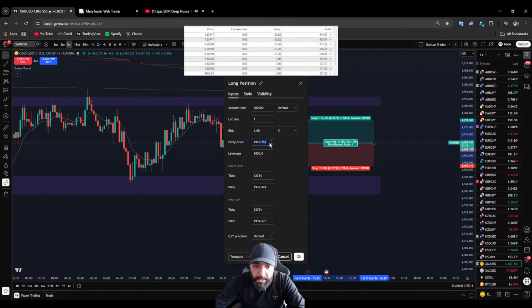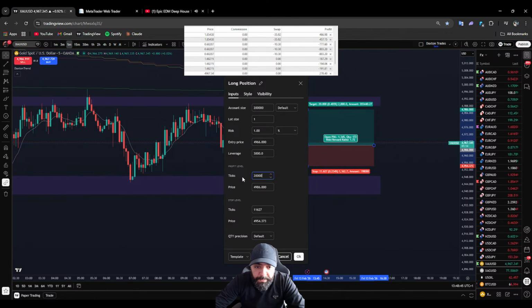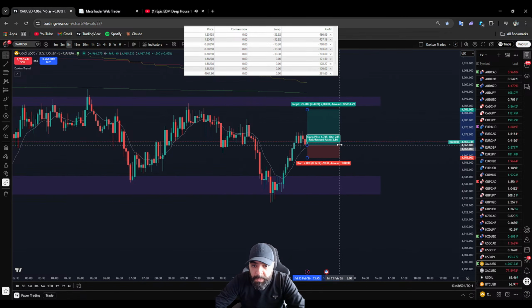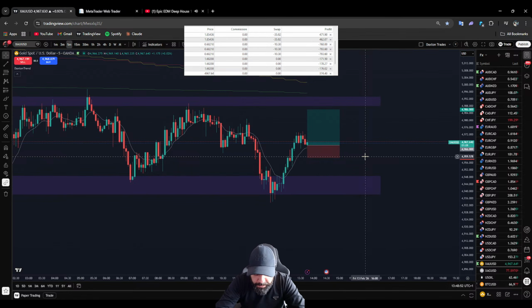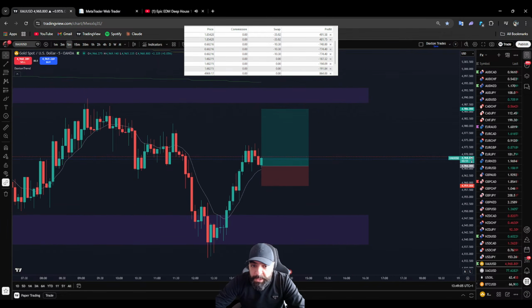I just need to put the stop loss and everything into this. This is my trade, and 5.9 and 7.1. So for the TP1, this is the trade.